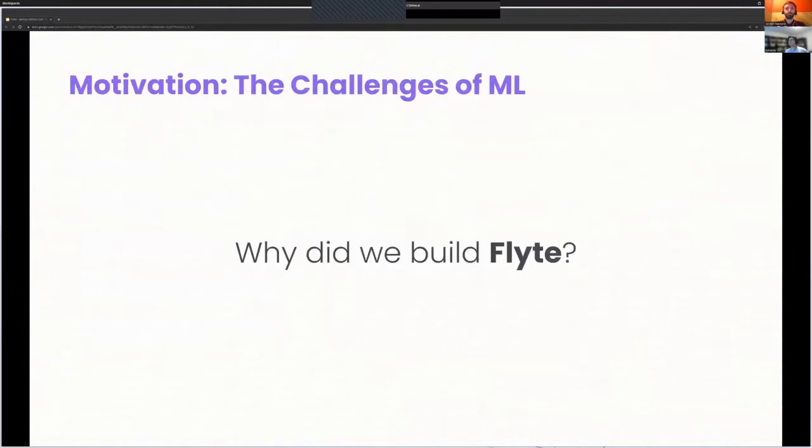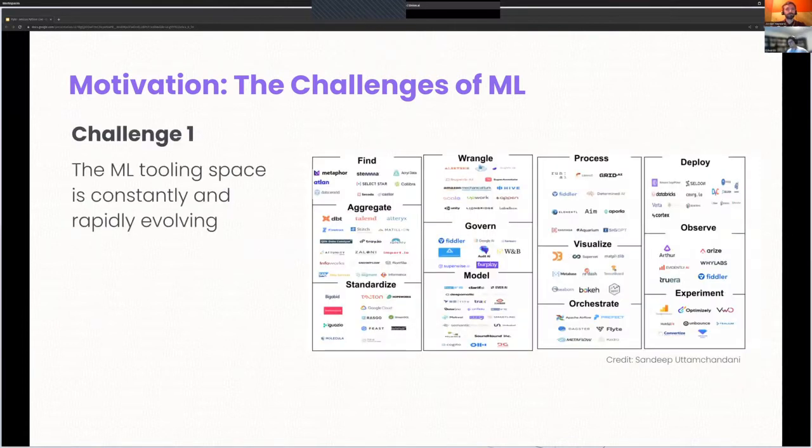So first, why did we even build Flyte? It's not like ML is a solved problem, but at the same time, we've had multiple people attacking this problem from different angles, and here's ours. We think that there is a fundamental challenge in building ML applications when it comes to choosing what the components of your ML application are.